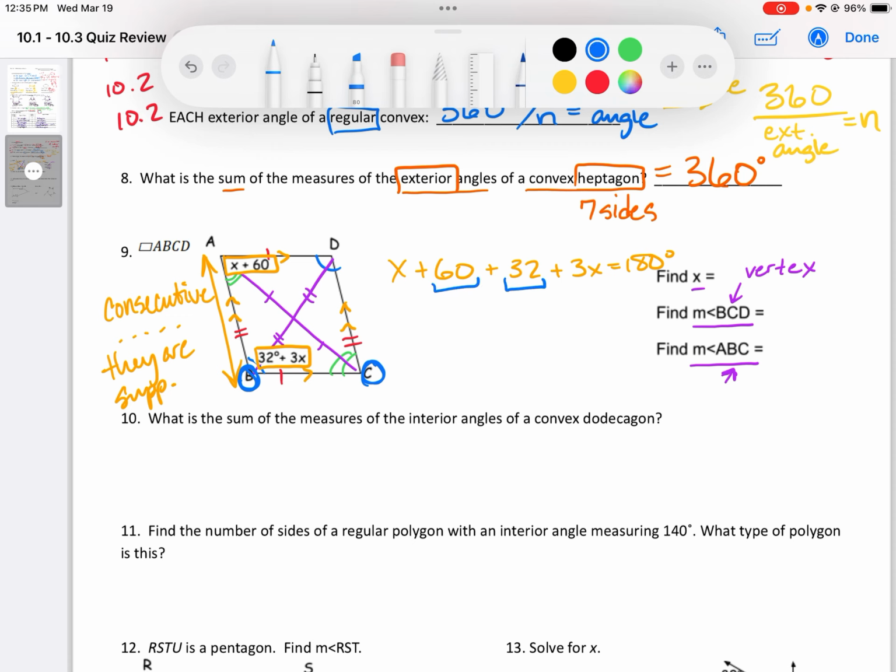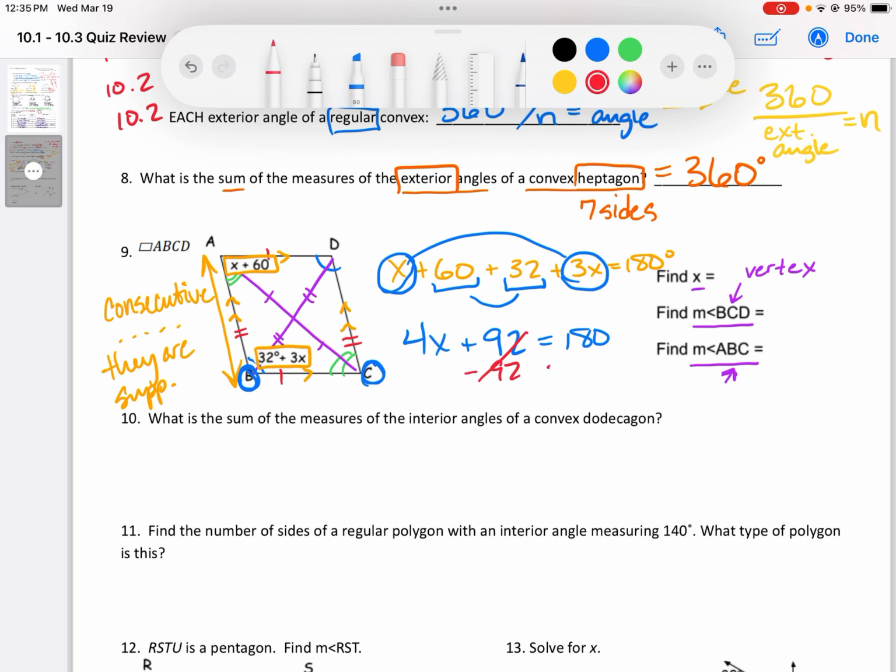So again, combine like terms. Things with x's can go together, so I have 3x and 1x, that gives me 4x. Things without x's can go together, so I have 60 and 32, that's 92. And together they equal 180.